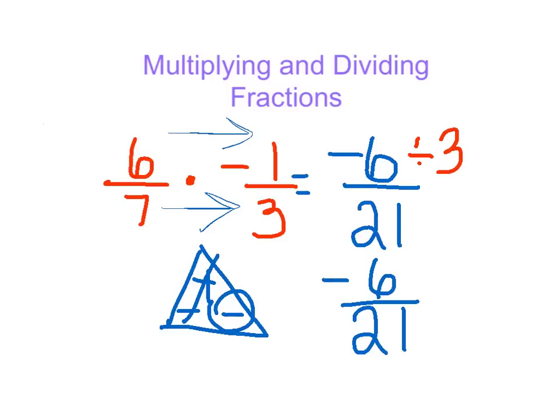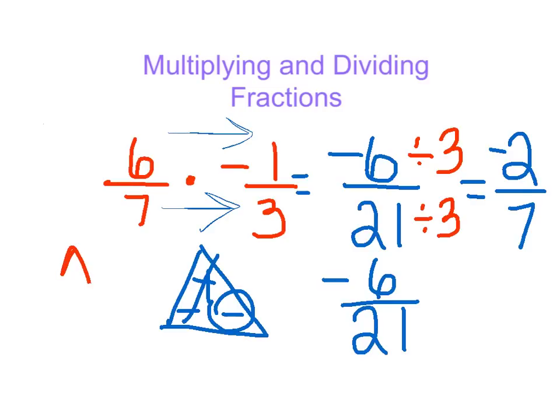Well, I know they can both be divided by 3. 6 divided by 3 is 2, and 21 divided by 3 is 7. Bring the negative sign over, and my answer would be -2/7.